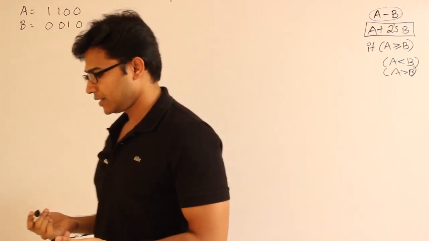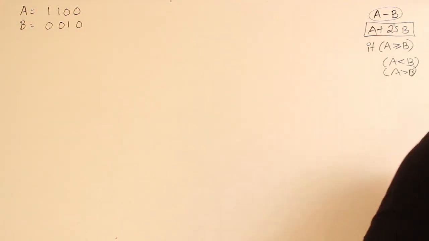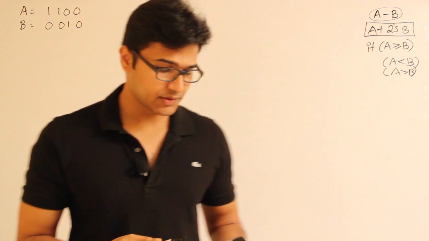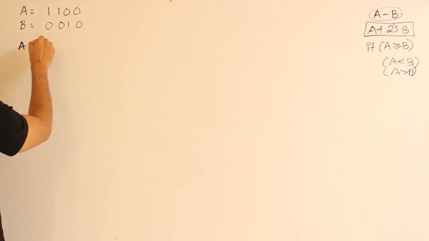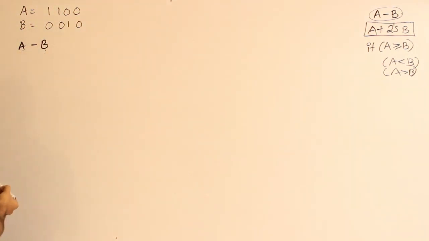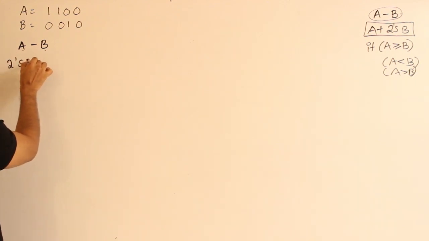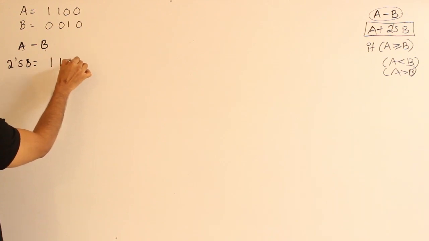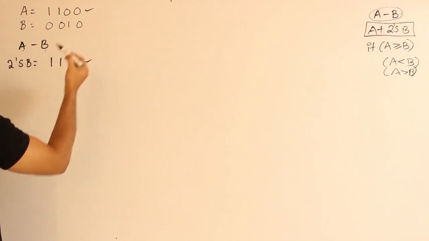Now, using an adder itself, if you try to do the subtraction and write a minus b, let's see what happens. a minus b is nothing but a plus 2's complement of b. For that reason, I am supposed to find out what the 2's complement of b is. If you find the 2's complement of b, it is going to be 1110. This is a, and this is 2's complement of b.